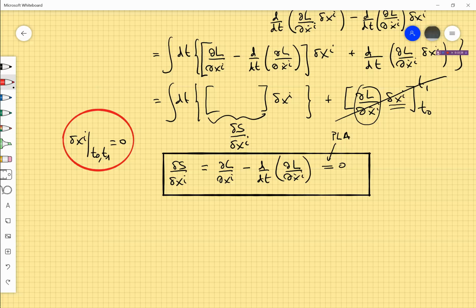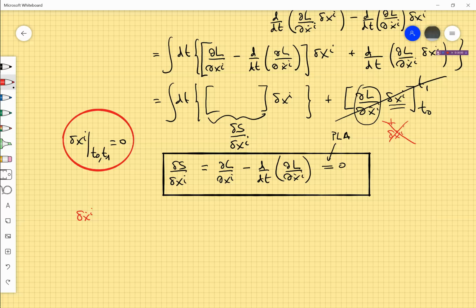It is also crucial that there are no terms of the form delta x dot I in this total derivative here, because otherwise we would have to impose boundary conditions on them as well in order to make this term vanish.